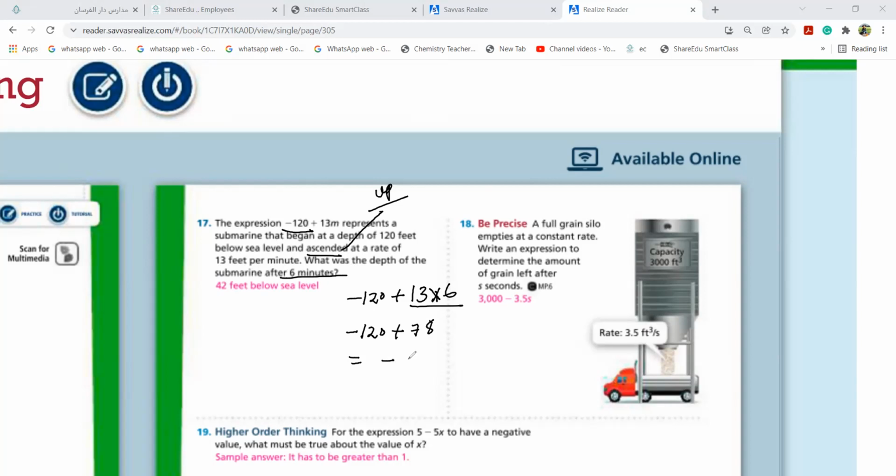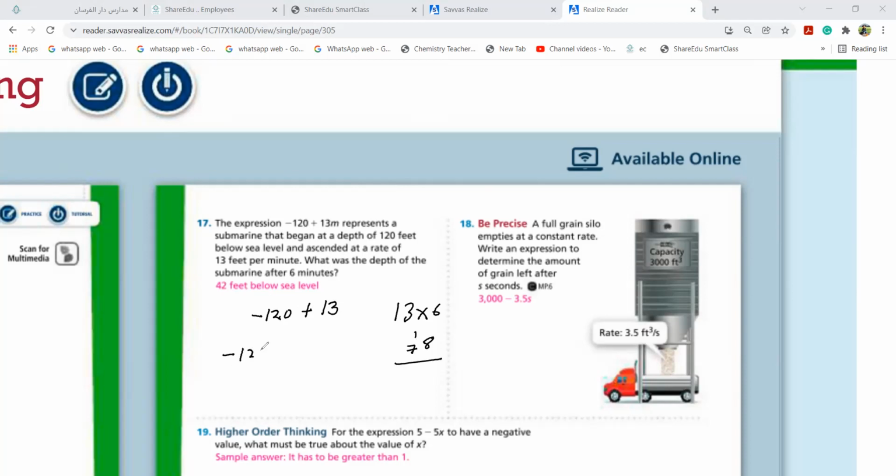Minus what? What do you see? Minus 120. Okay, so what was the depth of the submarine after 6 minutes? 13 times 6 is 78, right?